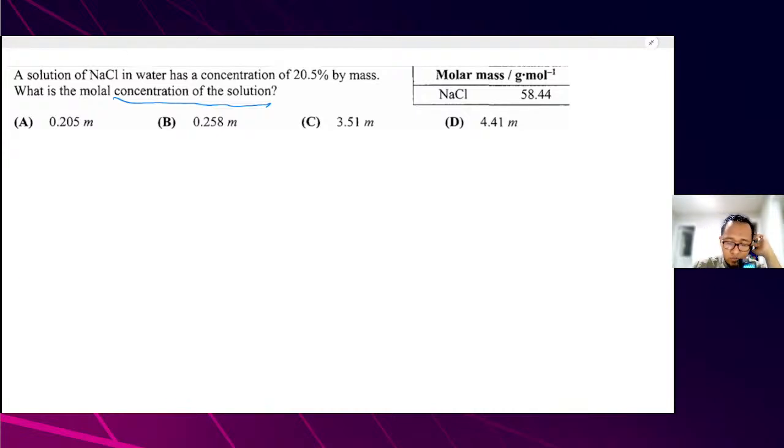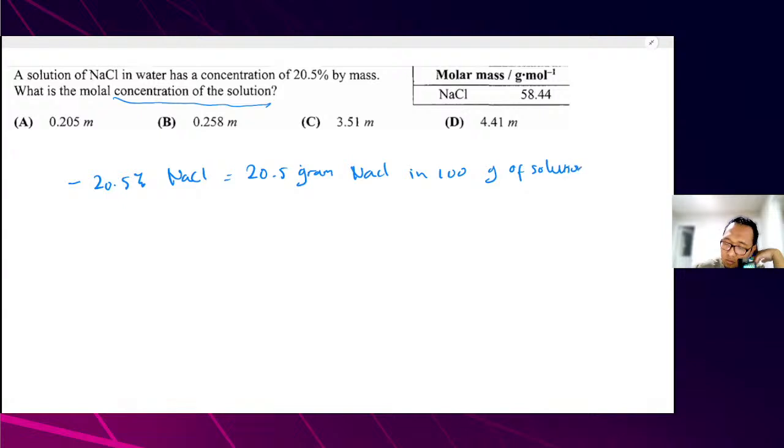Okay, so let's break it down one by one. 20.5% NaCl is the same as 20.5 gram NaCl in 100 gram of solution. The molar mass is 58.44 gram per mole.